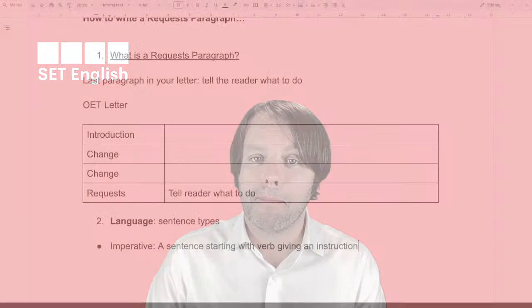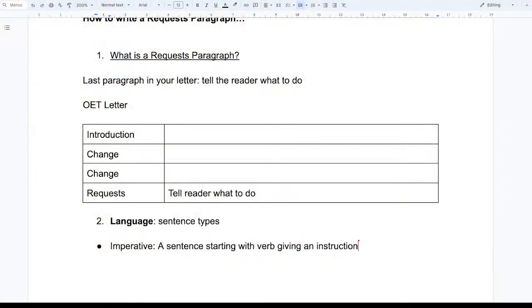If I take away I and I just say buy coffee, right? If I just say, for example, let's have an example here. If I just say, buy coffee, this is what's called an imperative sentence, okay? Buy coffee, and it's telling the reader to do something, right?